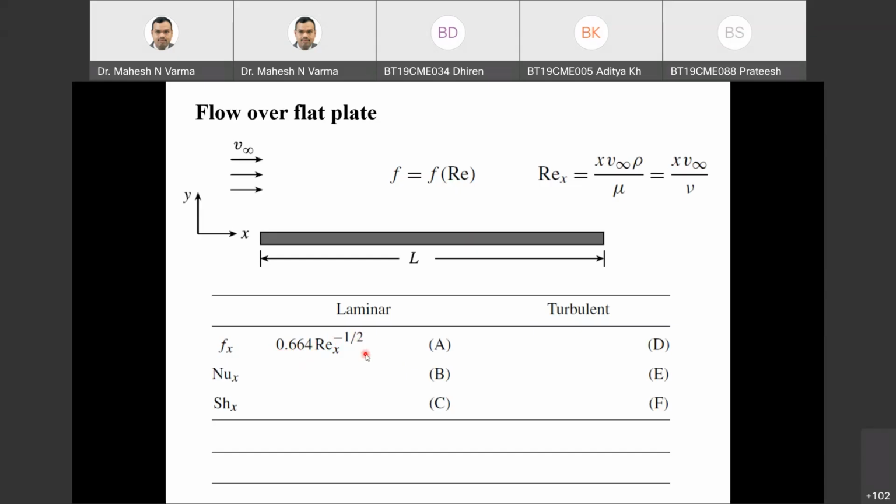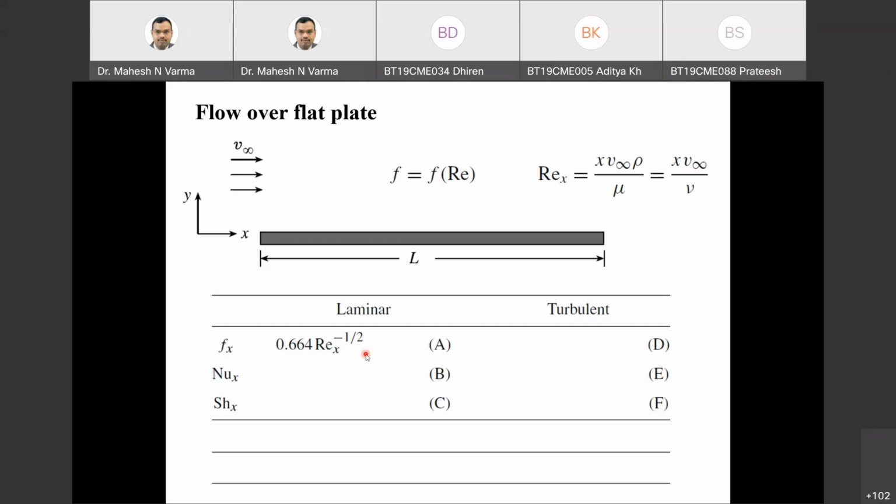As far as my knowledge goes, this is the only equation which will have an analytical solution also. It is an experimentally observed, fitted equation, and it also has an analytical solution. This is the only engineering correlation I am aware of.